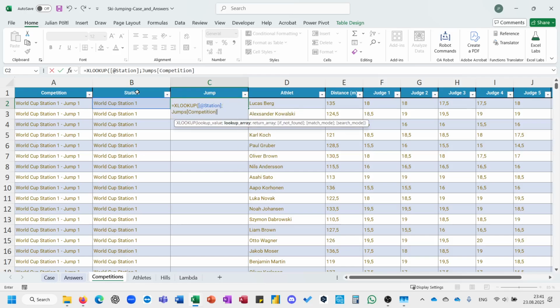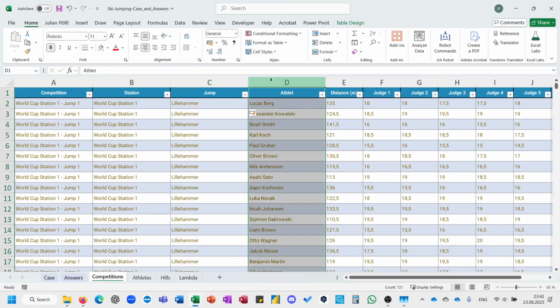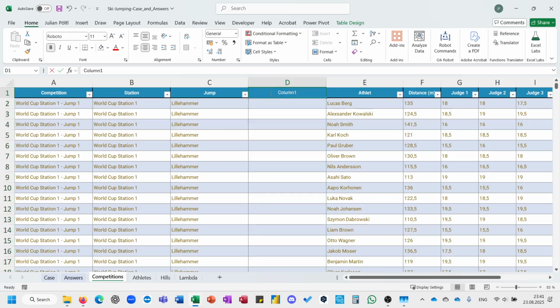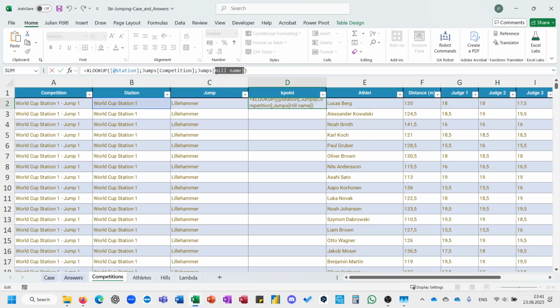Jumps competition in jumps, fill name, and we also want to have the K point.